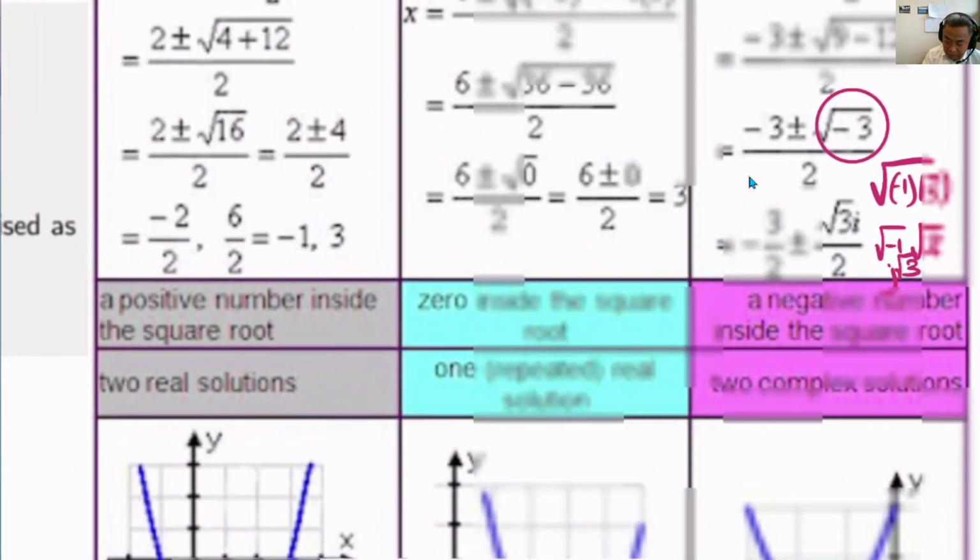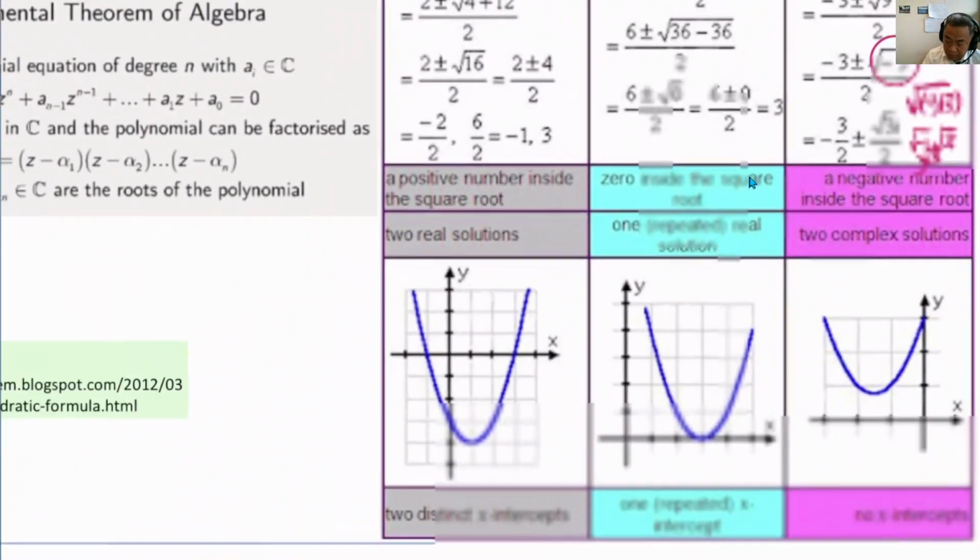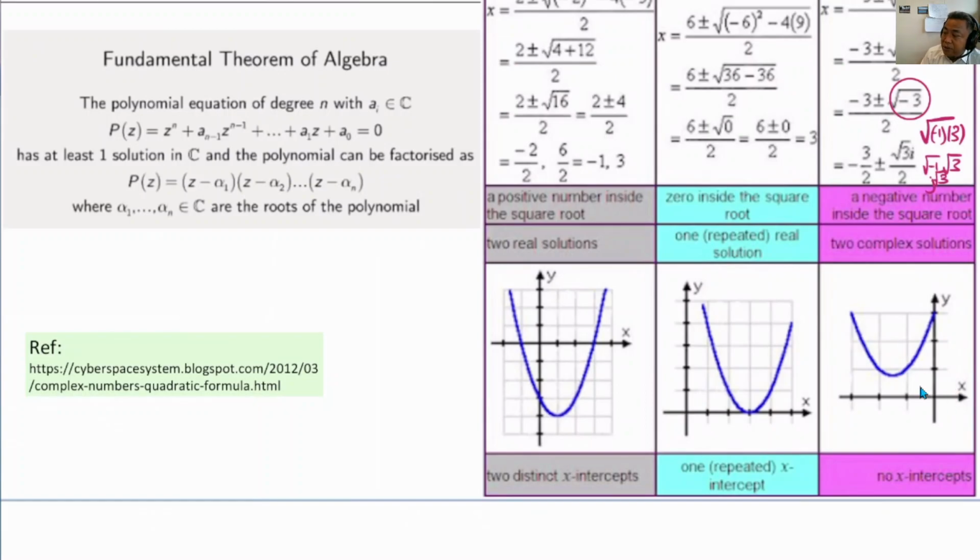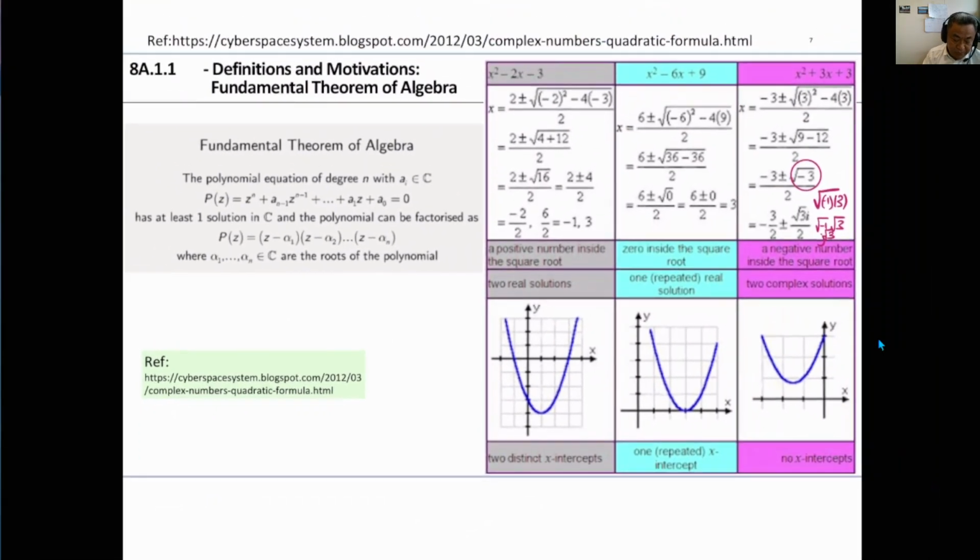Now we have an imaginary root, but when you plot, you actually cannot see where the root is. Later on we'll give you examples of how we can actually see where the root is on the imaginary axis.